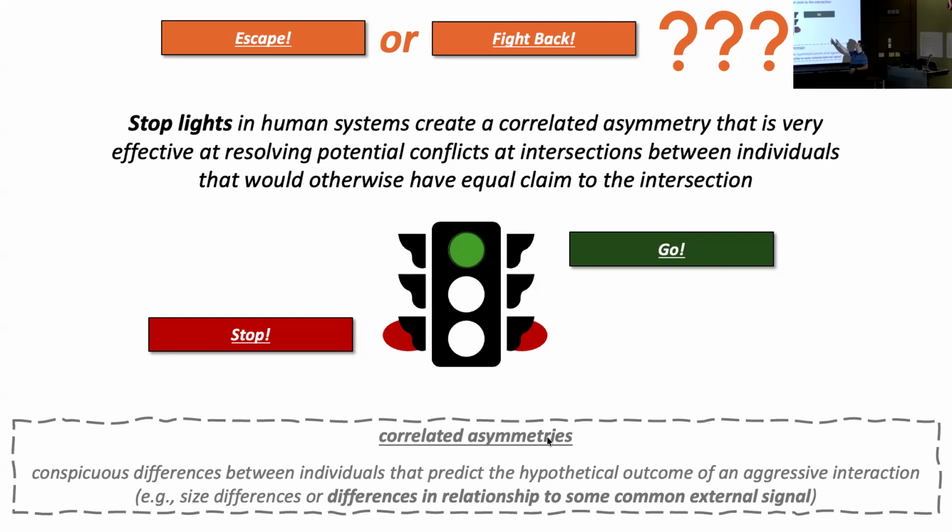So we have stoplights to create these unambiguous asymmetries between these two directions. If you're moving down one direction, then the red light direction, it's going to be very costly for them to move into that intersection, because everyone in the green light direction, no one's going to even slow down.